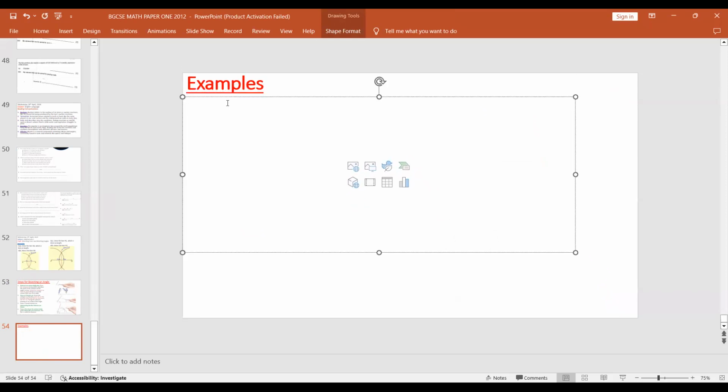Number one, we want to draw a 60-degree angle. When they say draw, they want you to use your protractor. When they say construct, they want you to use your compass, right? So draw means protractor, construct means compass.